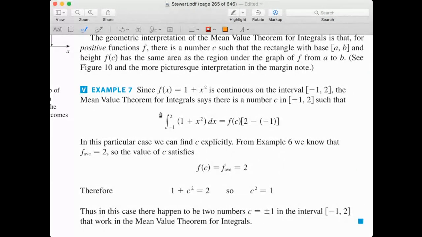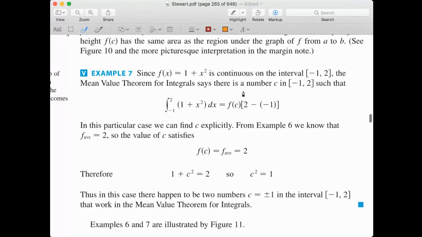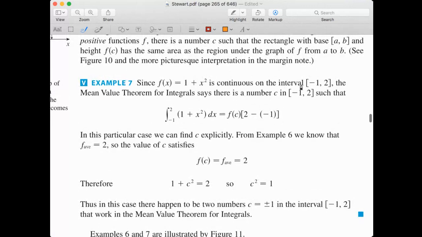But this example is to apply the mean value theorem for integrals. We have the answer already, right? So we can write f of c, where c is just a number in between -1 and 2, multiplied by 3.